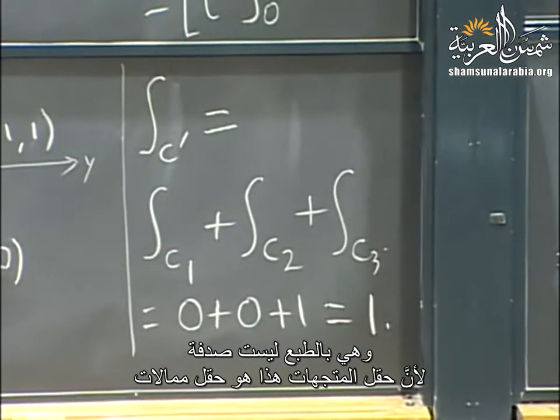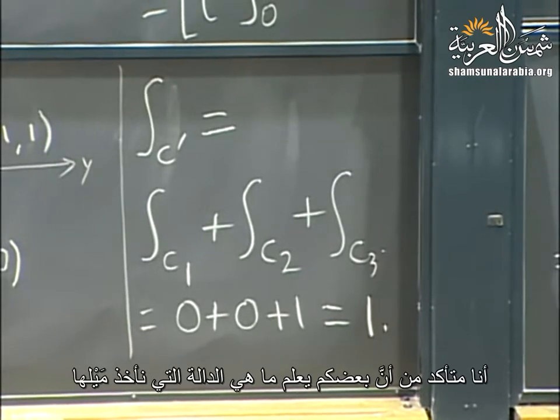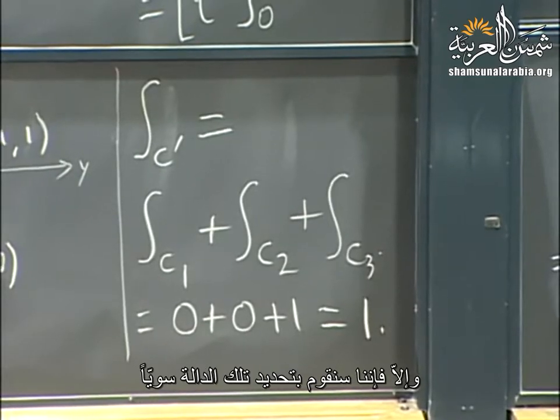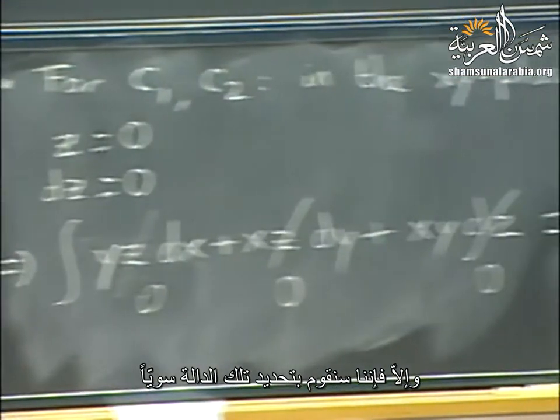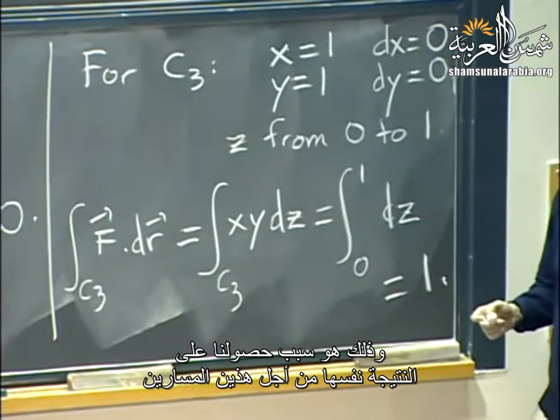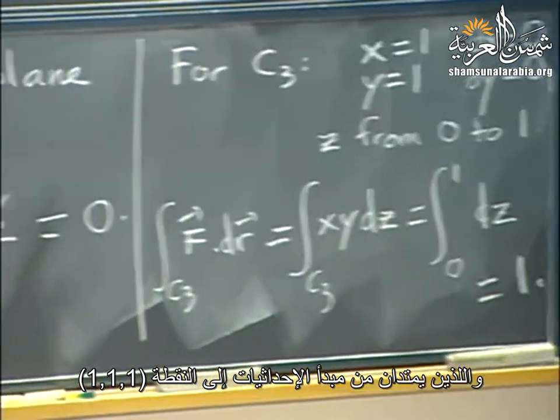Okay, so if I add these numbers together, 0 plus 0 plus 1, I get 1 again. And of course, it's not a coincidence, because this vector field actually is a gradient field. I'm sure some of you have already figured out what it's the gradient of. Otherwise, we'll figure it out together. And so that's why, actually, we get the same answer for these 2 paths going both from the origin to 1, 1, 1.